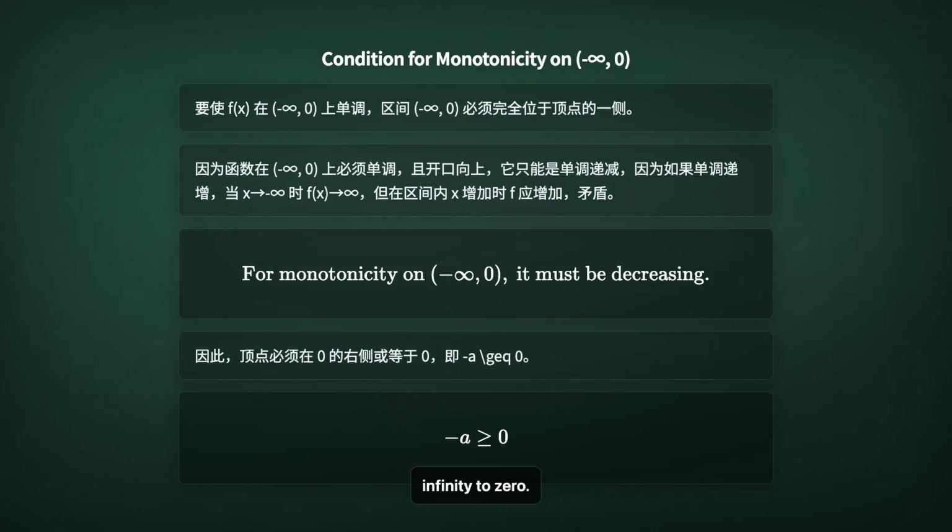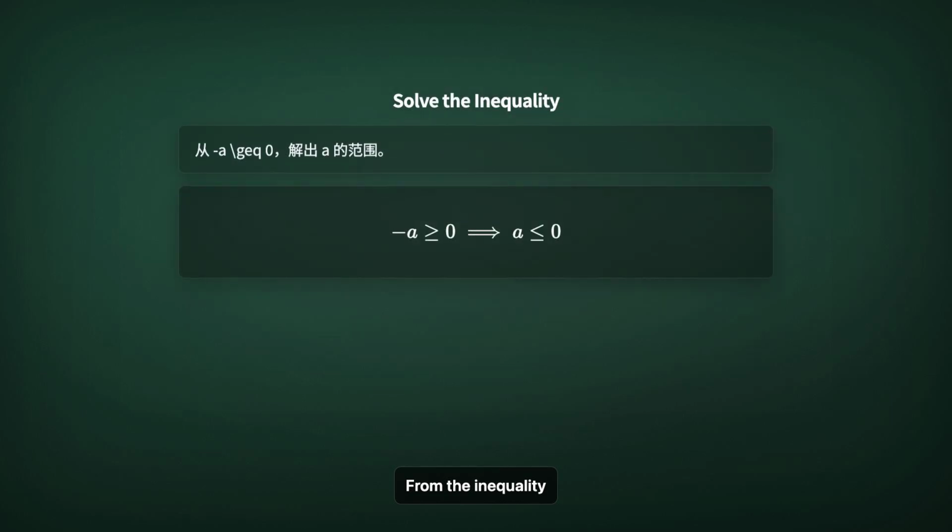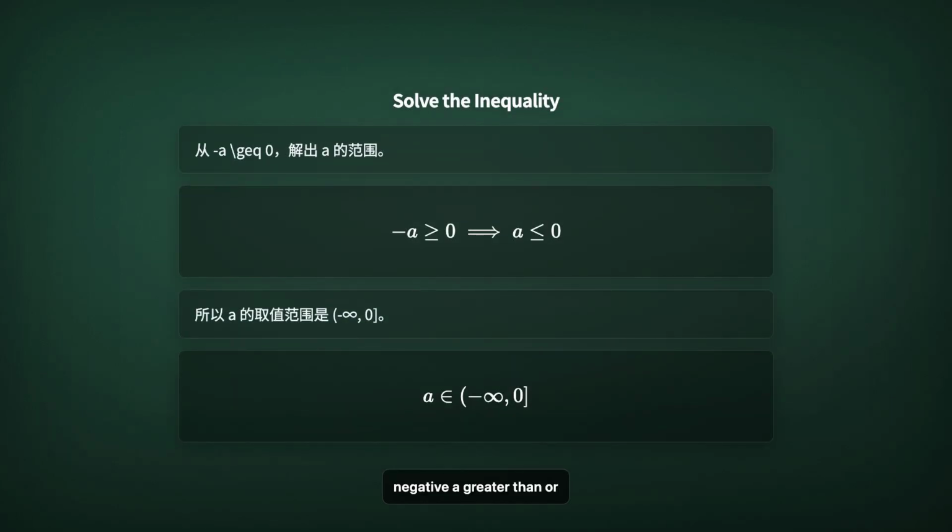This means that the entire interval must lie to the left of the vertex, where the function is decreasing. So the vertex at x equals negative a must be to the right of or equal to 0, i.e., negative a is greater than or equal to 0. From the inequality negative a greater than or equal to 0, we can solve for a.